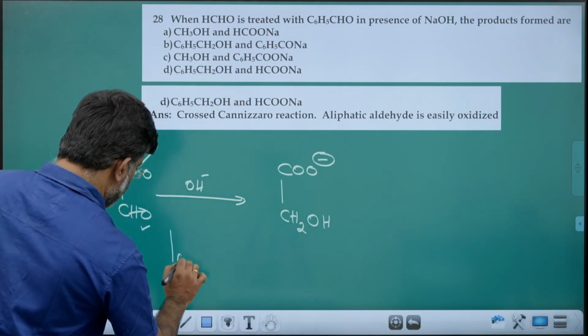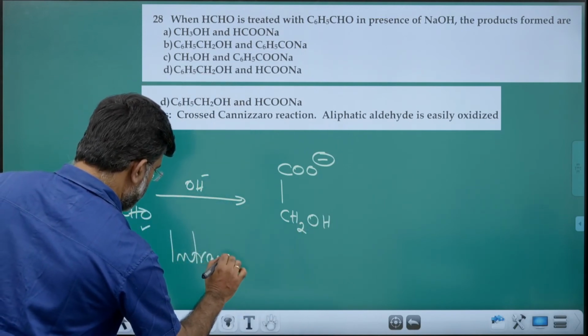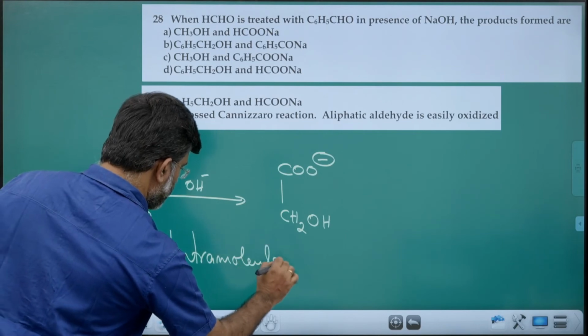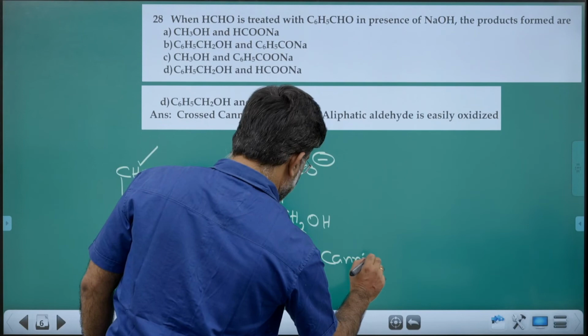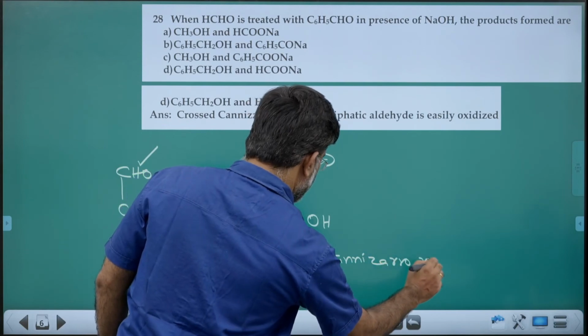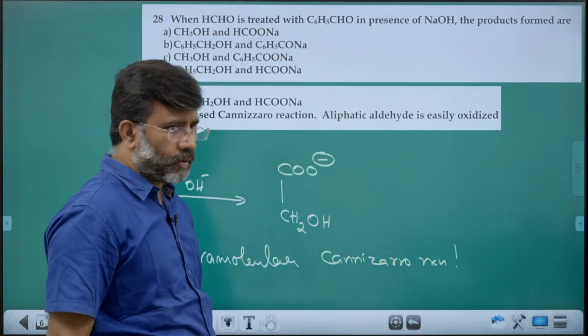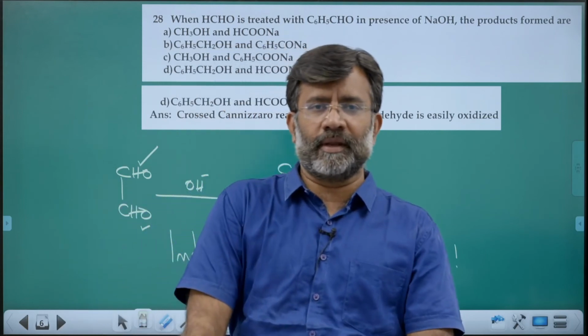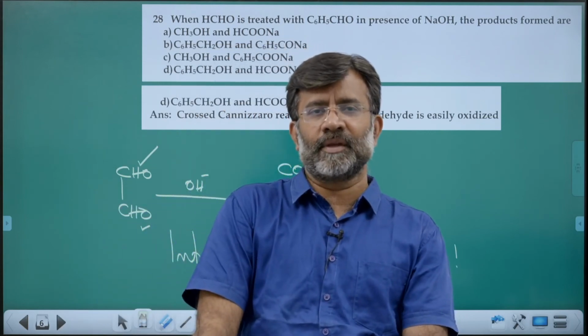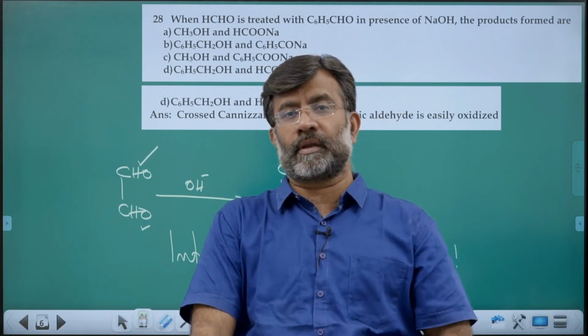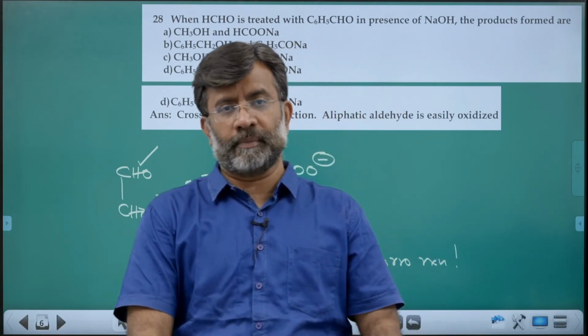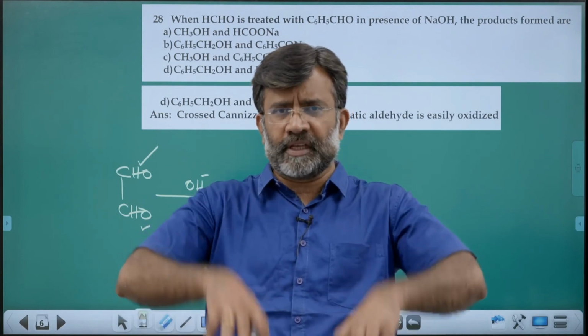This is called intramolecular Cannizzaro reaction. It was good that the name came to my tongue, so that we have discussed that reaction also. Intramolecular means a Cannizzaro reaction happening within the molecule.